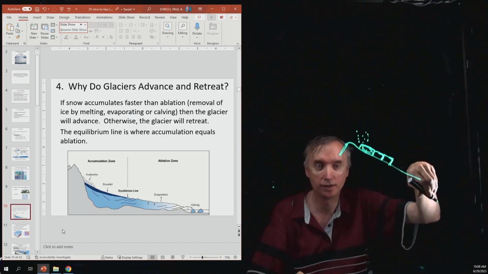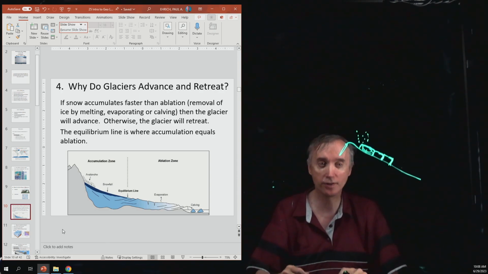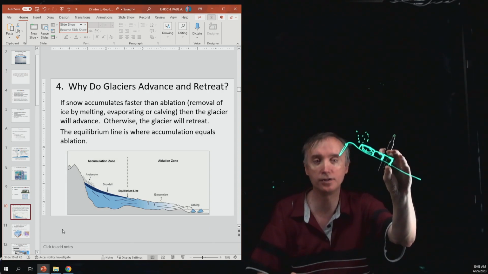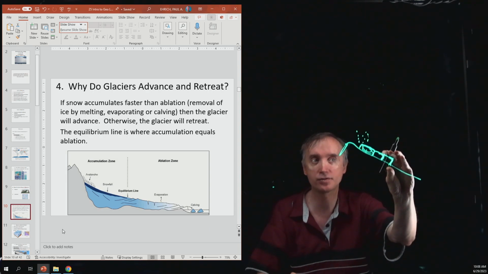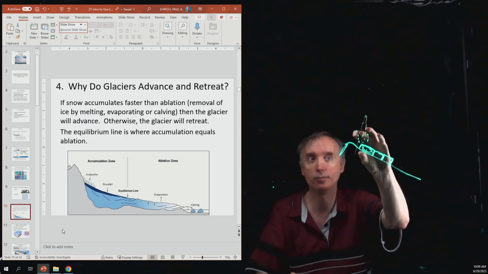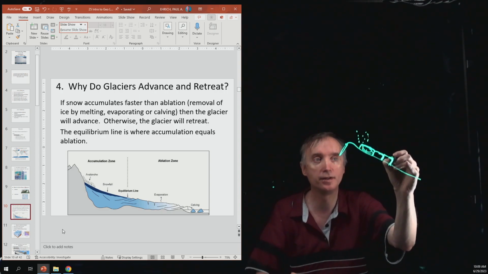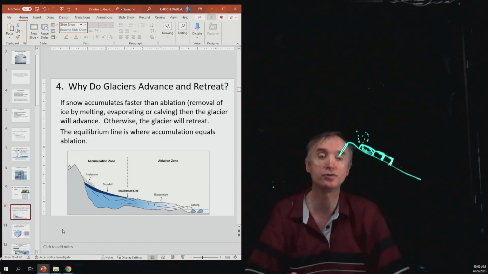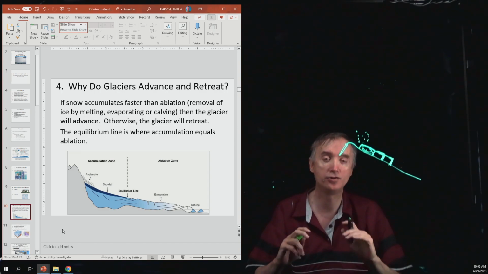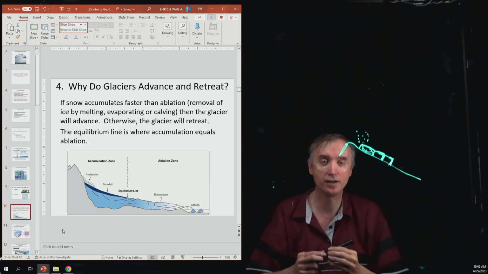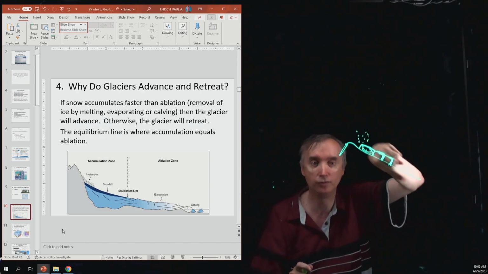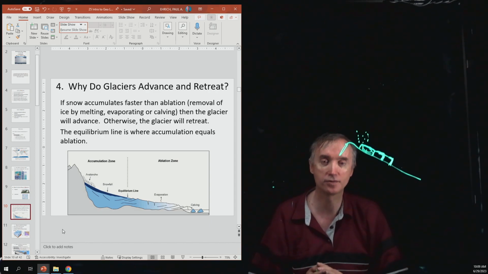It's moving down. But on the other hand, if this part of the glacier is melting faster than what it can be replenished up here, then now the front of the glacier is right up here, let's say, and then we say that it has retreated. But I do want you to remember that a glacier always moves downhill because of gravity.